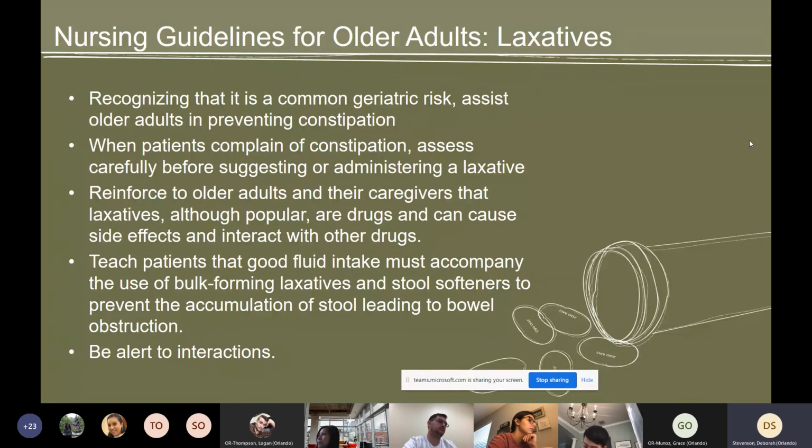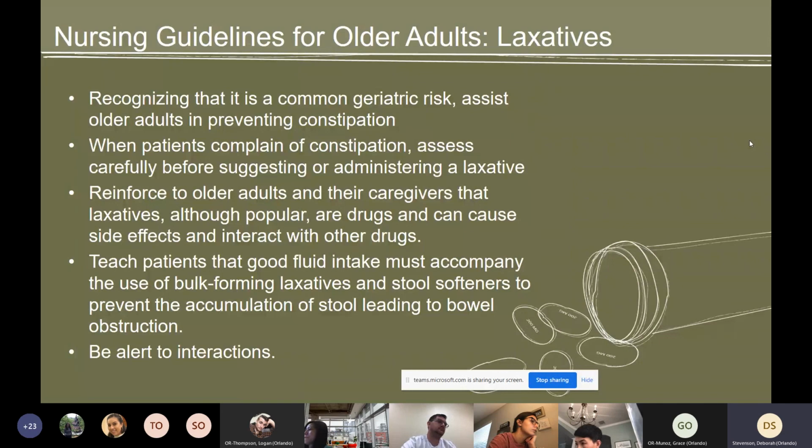So be careful. Always remember, if the patient complains of that, we need to assess that and maybe see if we can get them a laxative of some type. And again, be sure that we're doing teaching about the use of laxatives and how they can possibly interfere with medications. That's something to always remember.